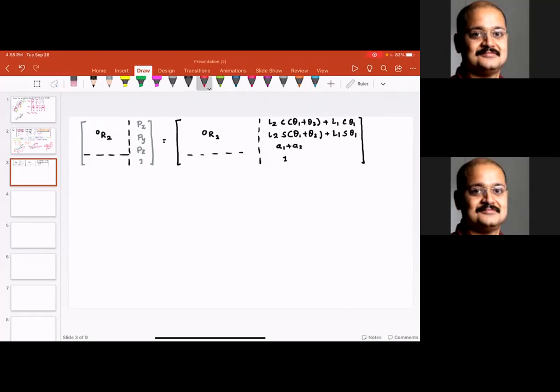Please note, this is known or given, and we have to find theta 1 and theta 2, which are unknown.